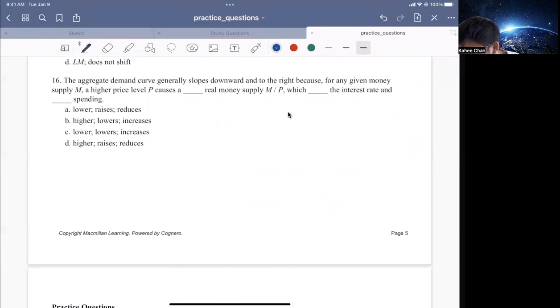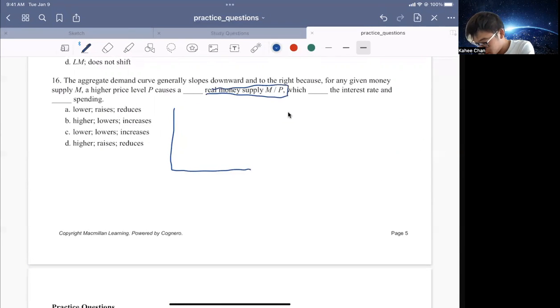16. The aggregate demand curve generally slopes downward and to the right because for any given money supply M, a higher price level P causes a lower real money supply M divided by P, which raises the interest rate and reduces spending.